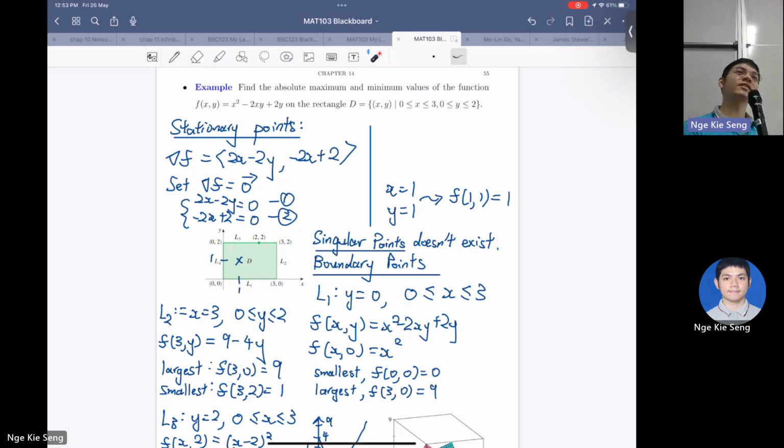The theorem says if it is continuous on a closed and bounded domain, then it attains maximum and minimum value. But it doesn't say that if it is not closed and bounded, then it cannot attain. So it could be the case that even if it's not closed, it still attains the absolute maximum and minimum value.